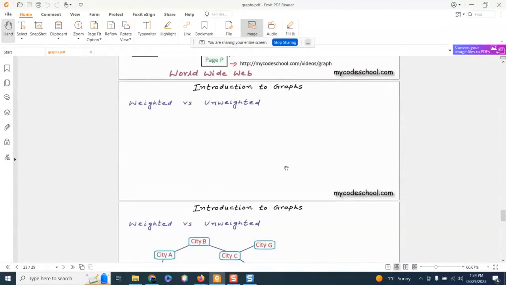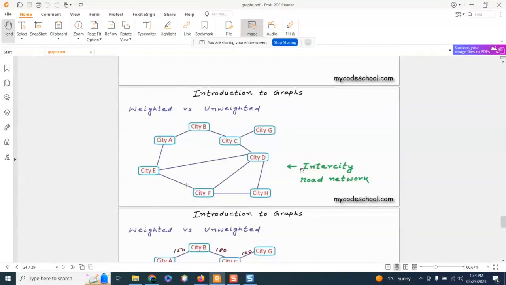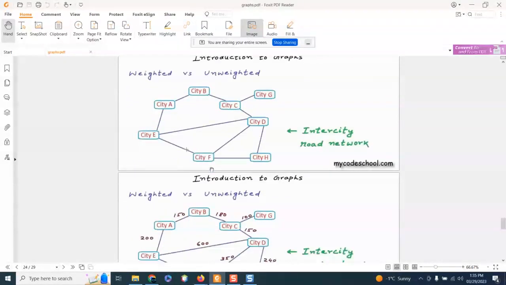The next thing is the weighted graph or unweighted graph. We can have a bidirectional, undirected graph between intercity links. If you look at that, there is no weight put onto those links. They are just city A connected with city B and C and D, or whatever the cities are.